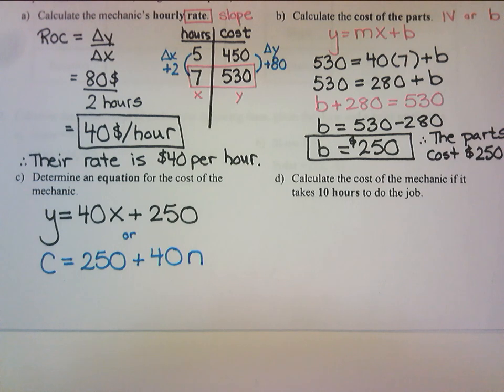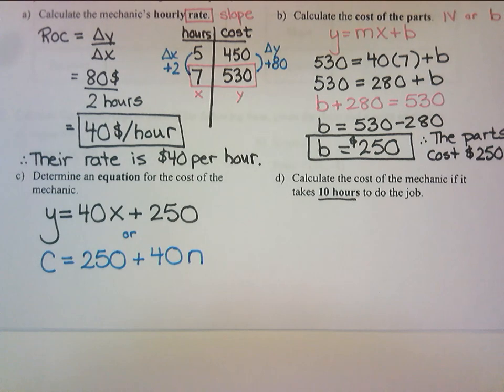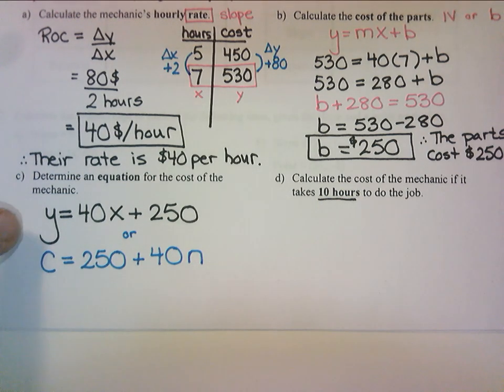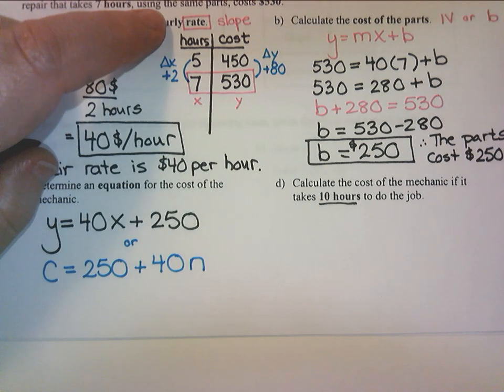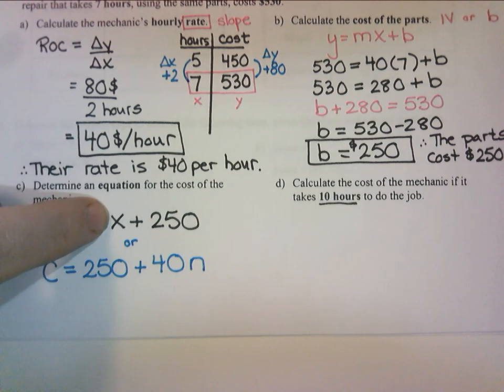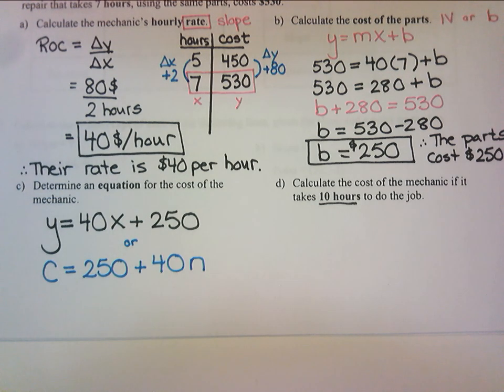Whatever you're more comfortable with is what you should use. Okay, our last part here says calculate the cost of the mechanic if it takes 10 hours to do the job. So 10 hours, depending on which equation I'm using, is either the x, right, because that's where the number of hours is, or it's n, right? So we're either putting it in for x or we're putting it in for n. It depends on which version of the equation you are using.